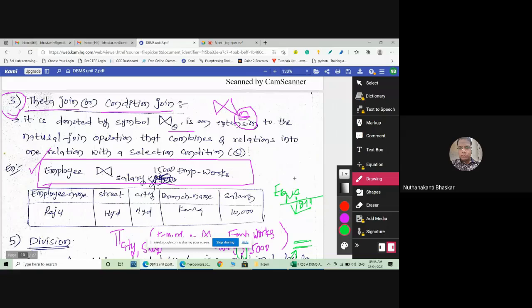I am directly asking for employee information, so no need to write the project operation. Display the employee information who is having salary 20,000.